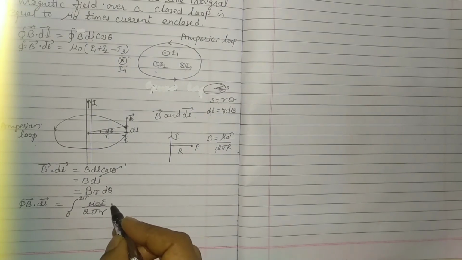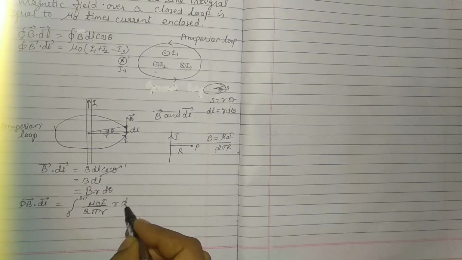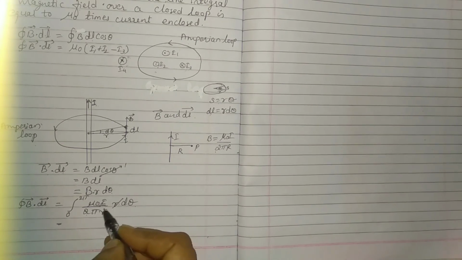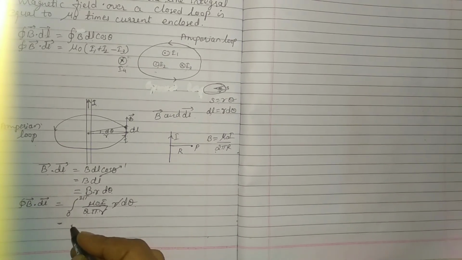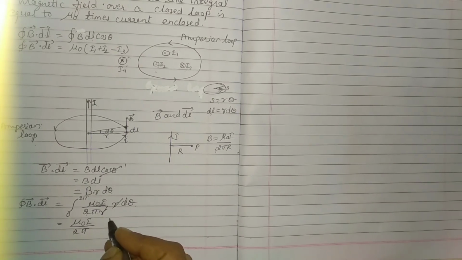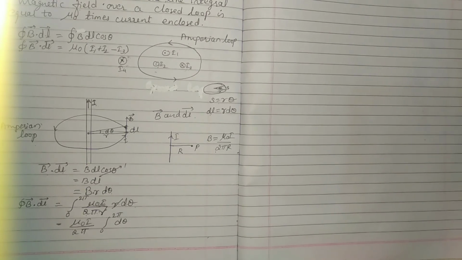And what are you left with? r d theta. Here r gets cancelled, and what will be left? Mu naught I by 2 pi, which is constant, is taken out of the integral. So you are left with the integral from 0 to 2 pi of d theta. As you are familiar with this, it can be written as mu naught I by 2 pi times theta from 0 to 2 pi over here.